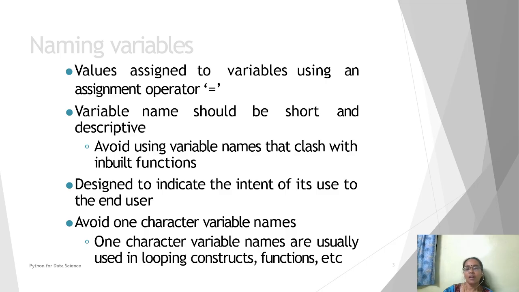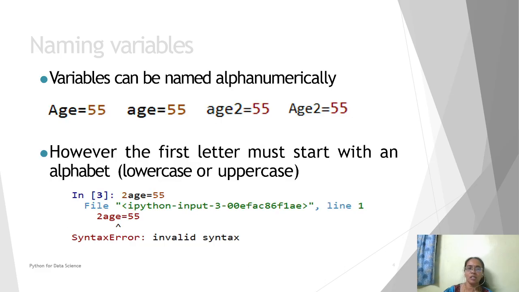Variable names should not clash with inbuilt functions, and should indicate the intent of their use to the end user. We should also avoid one-character variables, like a equal to 10. One-character variable names are usually used in looping constructs and functions.